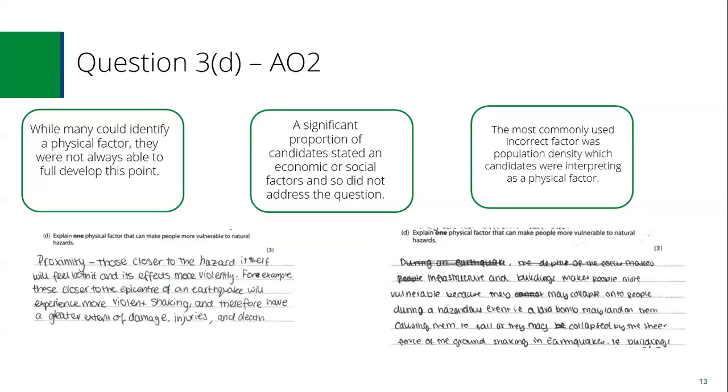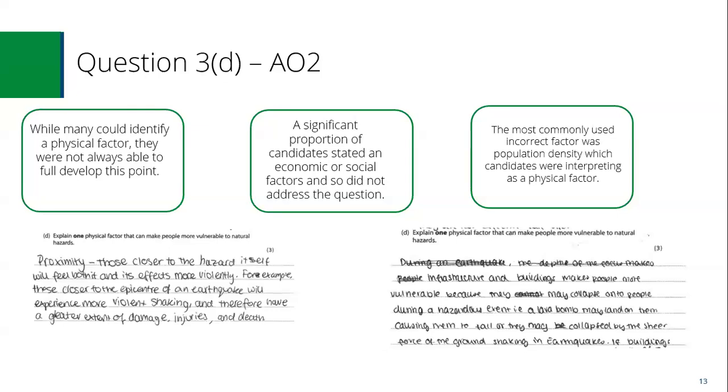This one was worth 3 marks: explain one physical factor that makes people more vulnerable to natural hazards. Candidates were required to explain one physical factor, and while many could identify the factor, they were not always able to develop the point.